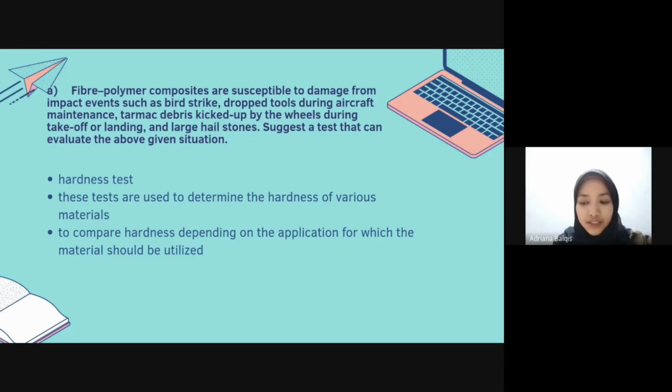Depending on the material, a small sphere with a higher hardness than the material under test is used. These tests compare hardness based on the application for which the material should be used. For example, if you are looking for the best aluminium for an airplane fuselage, the material you choose should have the highest hardness, though not necessarily the hardest, because toughness should be considered as well.